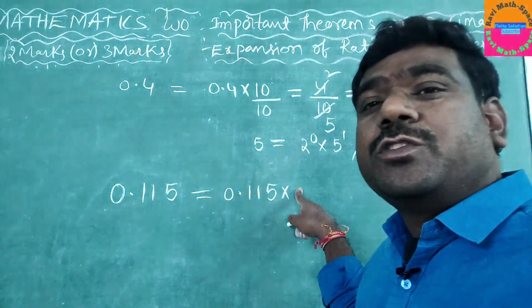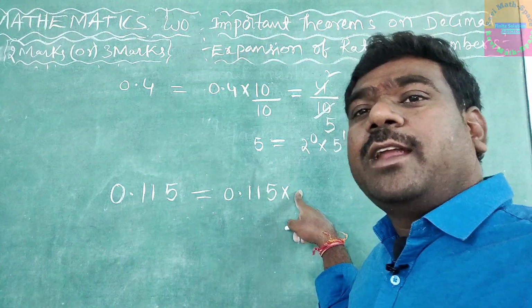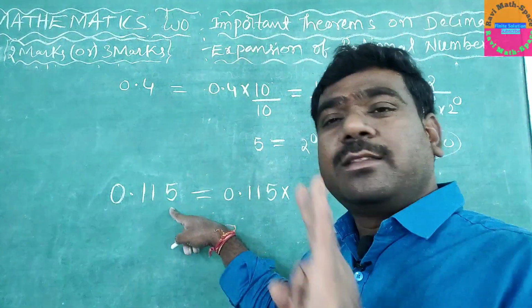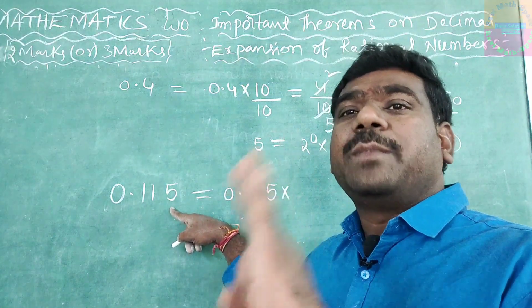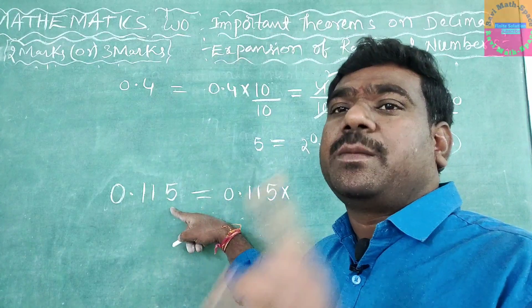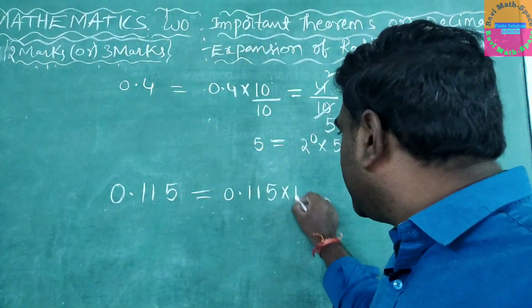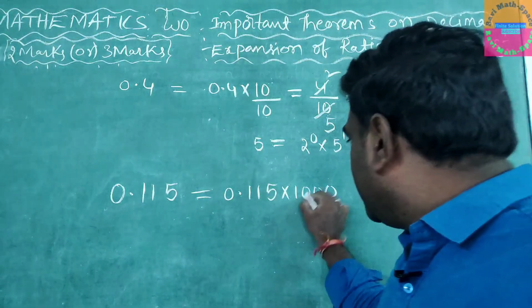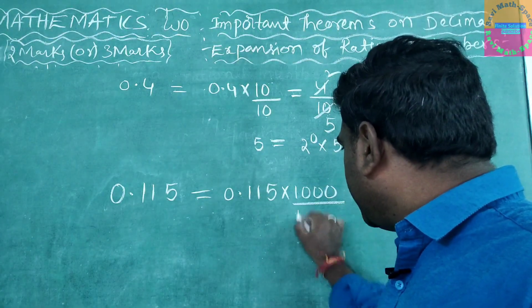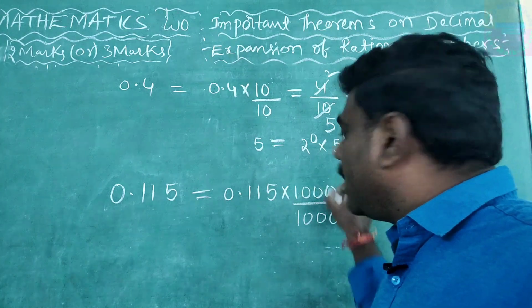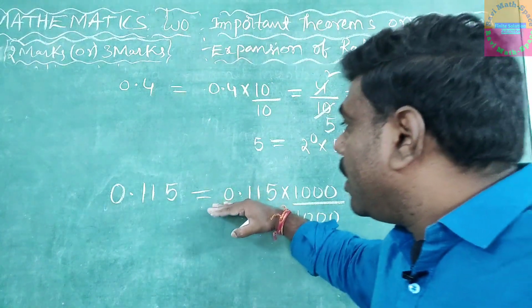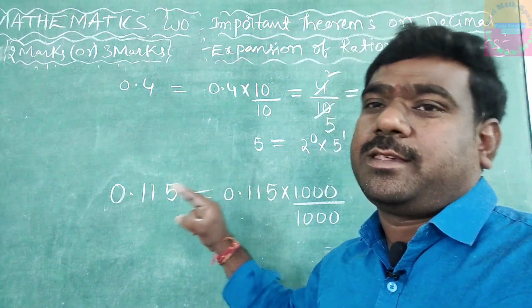That's why we should multiply with 10, 10, 10, as many times as there are decimal places, 3 times, which gives 1000. So numerator 1000 means the denominator also 1000. We have to satisfy the equivalence condition, then only the value will not change.